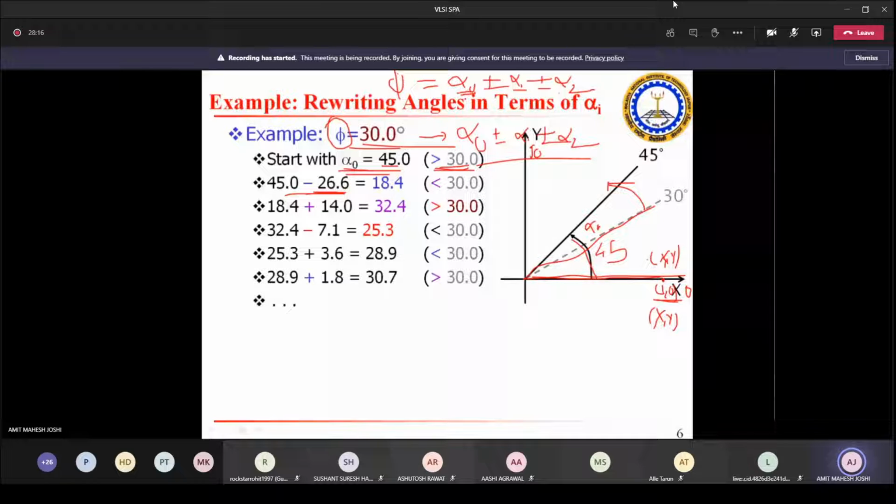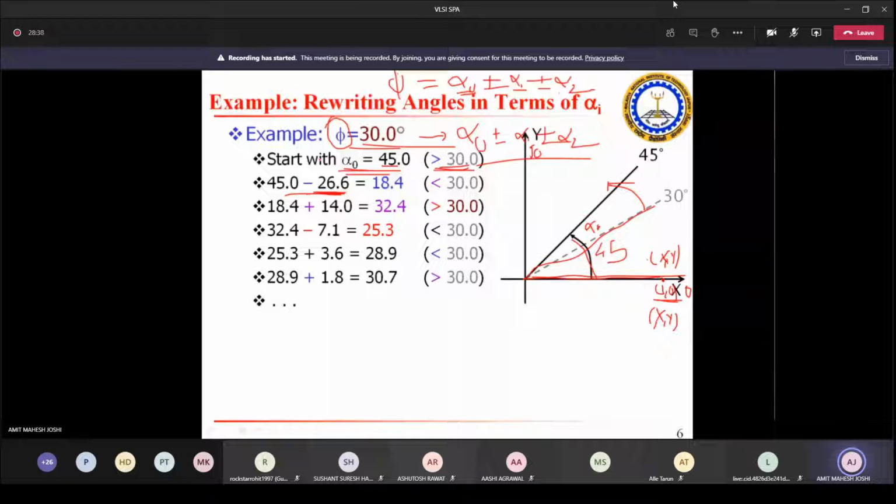It depends upon which angle you are looking for. Now here I am looking for 30. So if alpha 0 is 45, I am considering that 45 is greater than 30. So if it is greater, then I need to subtract my next angle.